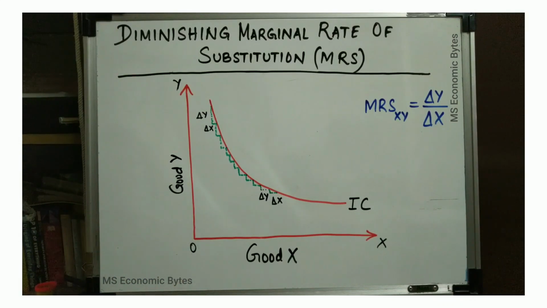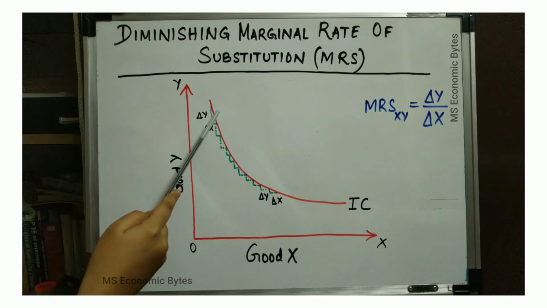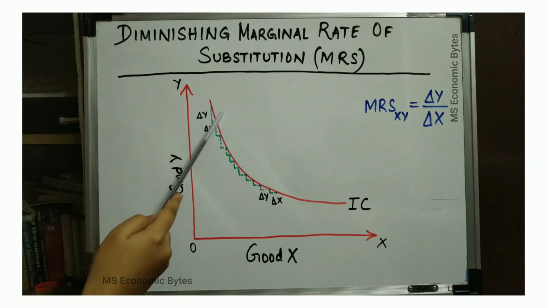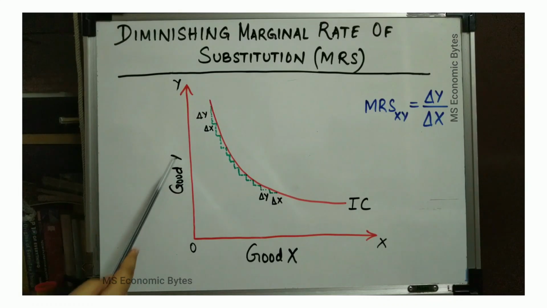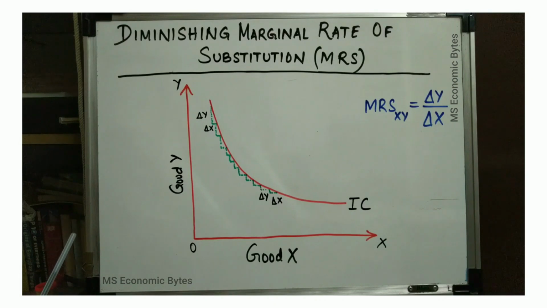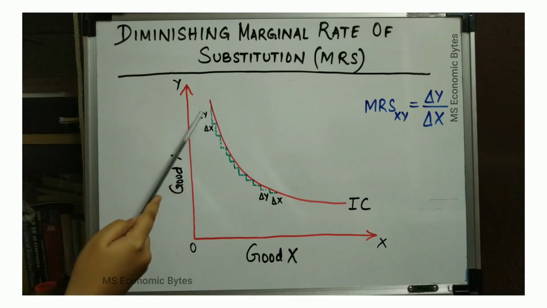Such a situation arises because the marginal significance of a commodity reduces when its quantity increases. At this point, the marginal significance of good Y is less because the units of good Y are more. The consumer has more of good Y and less of good X at this point. That is why the marginal significance or the importance of good Y is less.